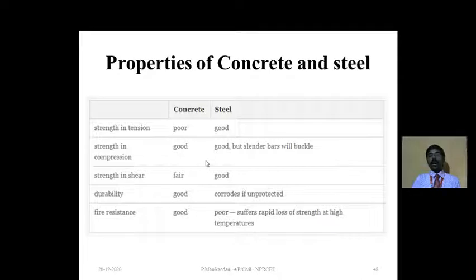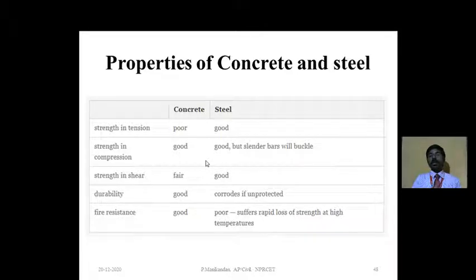The concrete has fair strength in shear, and steel has good resistance to shear. The concrete has good durability, but steel has less durability as it corrodes when exposed to the atmosphere.